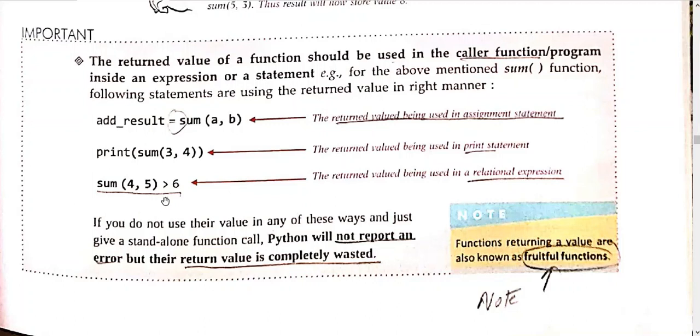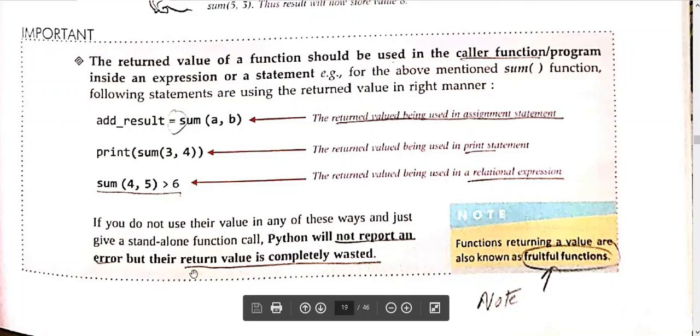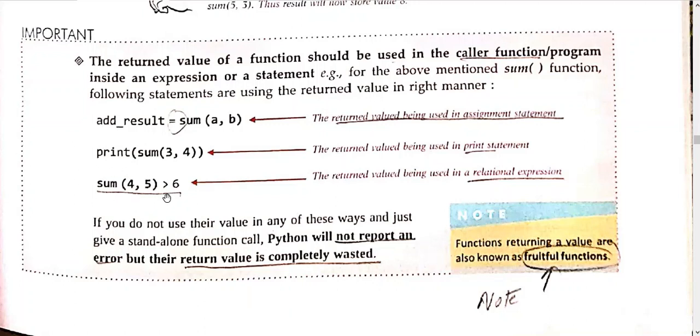Firstly, whatever value is being evaluated will be compared. If this condition is true, then particular things will happen. So here you are using this function call, and whatever value is returned will be used along with the relational expression for doing the comparison.